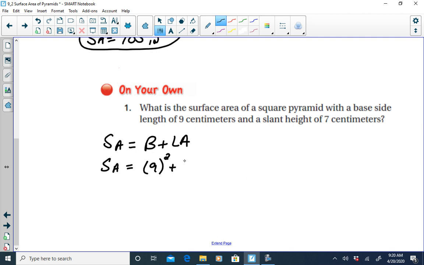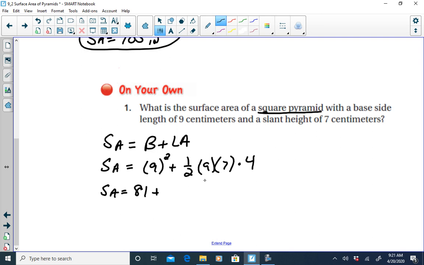Well, the lateral area is going to be 1/2 the base, which is 9, times the slant height of 7, but we have 4 of those triangles because we have a square pyramid. So we have 4 of those triangles. So the surface area is going to be equal to 9 squared, which is 81. That's the area of our base.